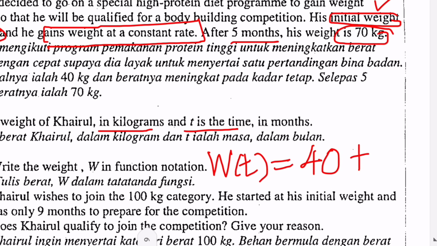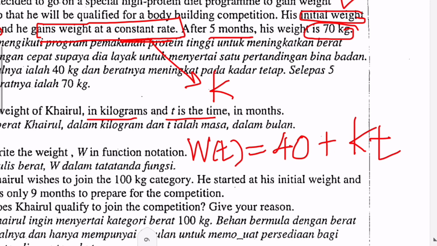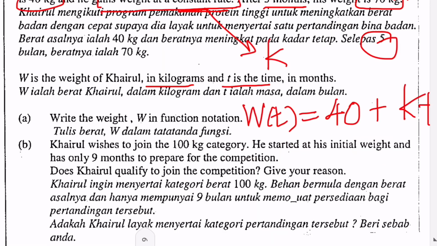That is called the initial weight. The question says, write the weight W in function notation. Now we are going to express the weight in terms of the function. His initial weight is 40, and a constant rate means you have to add a constant times the time.